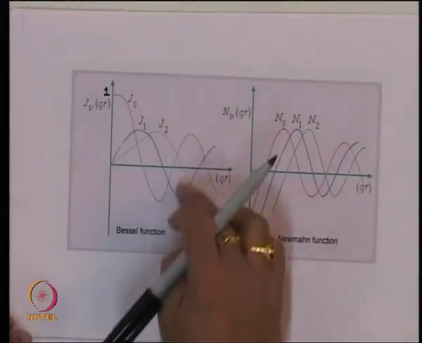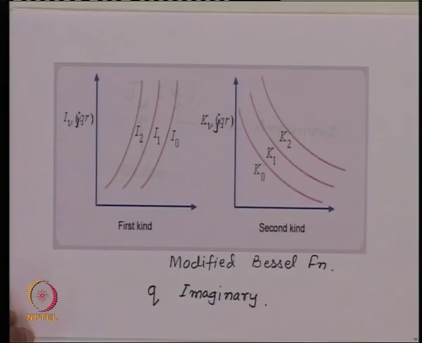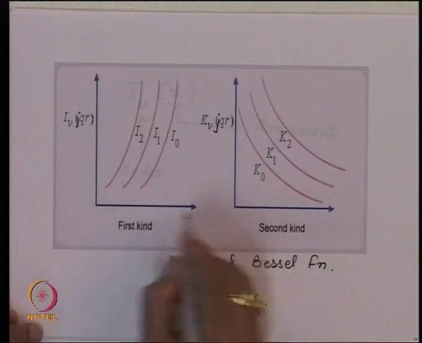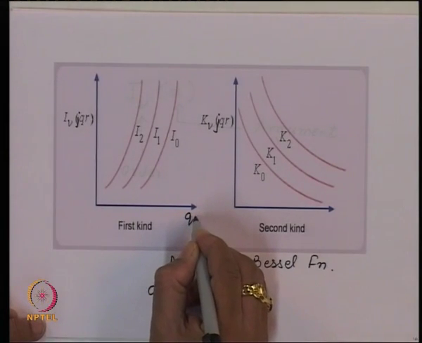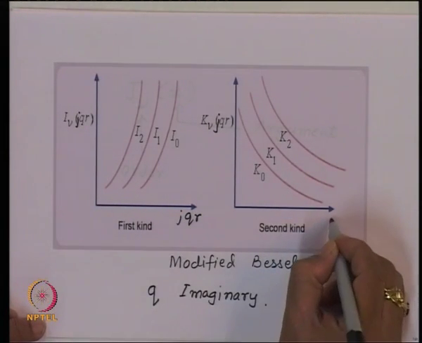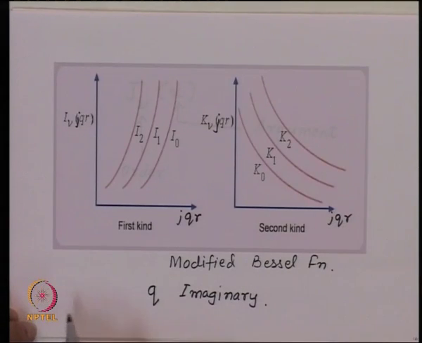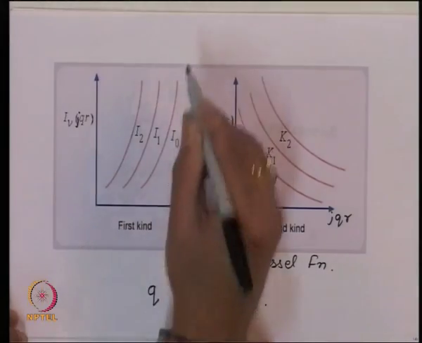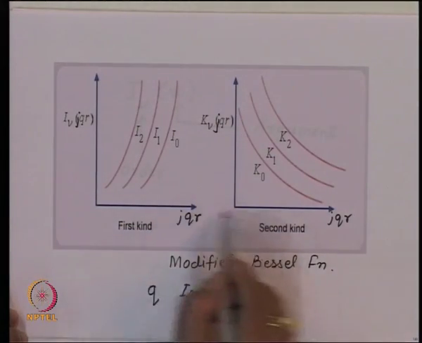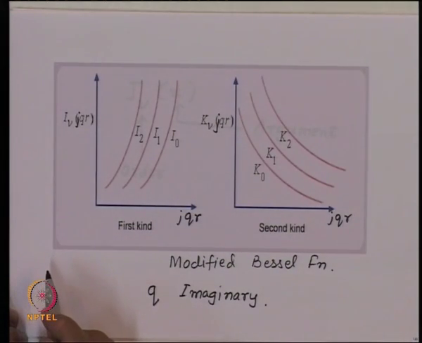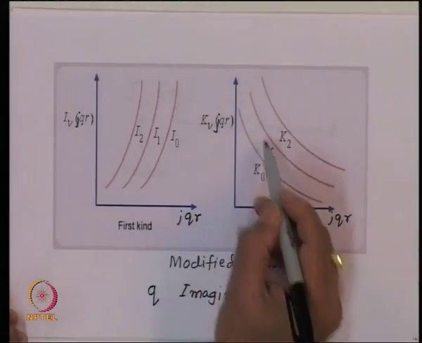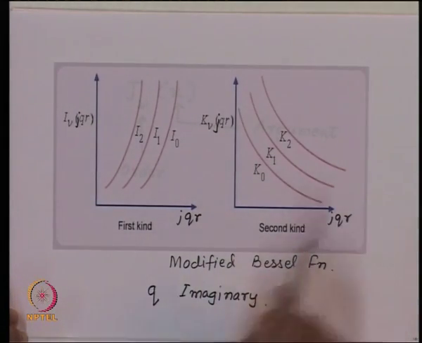These functions are oscillatory in nature, whereas these functions are monotonic in nature. So as I change the argument, this is qr, the I function monotonically increases as r increases, and the K function monotonically decreases as r increases.